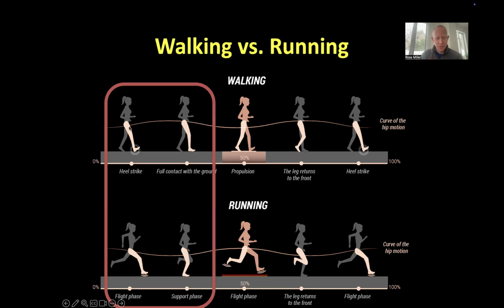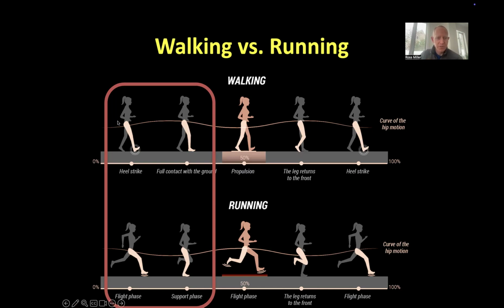In walking, in the pinkish line that's traced out there, as you move along doing strides, the center of mass is bobbing up and down cyclically as you translate yourself. And also in running, you see a similar thing, tracing out the path of the center of mass in that orangish line, where it's bobbing up and down as I perform strides and translate myself. So some conceptual similarities there.